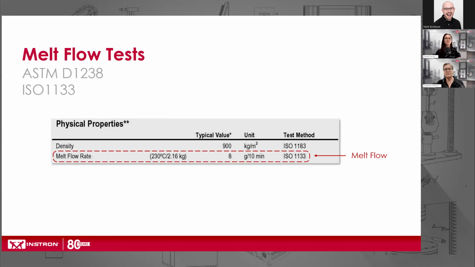Why would you want to use this test? Well, if you're a producer of polymers, it gives you a spec sheet to provide to your consumers that gives them an idea of how this material should flow. If you're the user, it gives you a reference point.